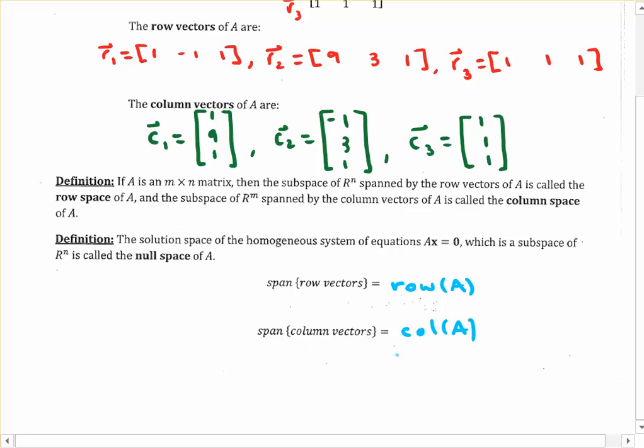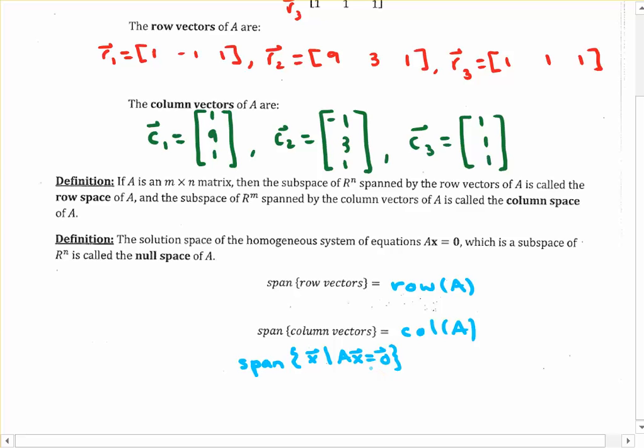Now, as for the null space, that too is a span, but it's a span formed by all of the vectors x. Okay, so the span is found by taking the set of all linear combinations of the vectors, let's write them vector x, such that Ax equals the 0 vector.